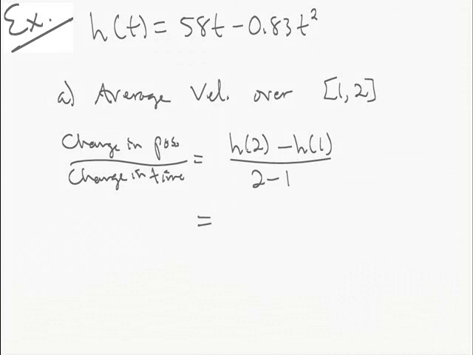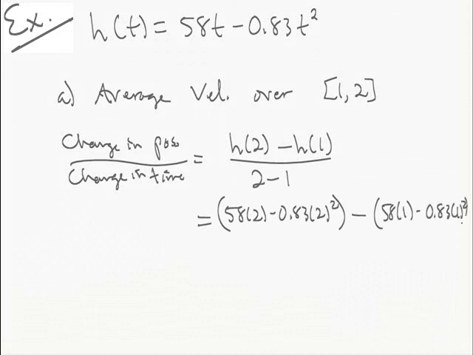Now what is h of 2? Well, h of 2 is 58 times 2 minus 0.83 times 2 squared. That's h of 2. Minus h of 1, which is 58 times 1 minus 0.83 times 1 squared. All that divided by 2 minus 1, I can do that one in my head. That's 1. So let's see what we get here.